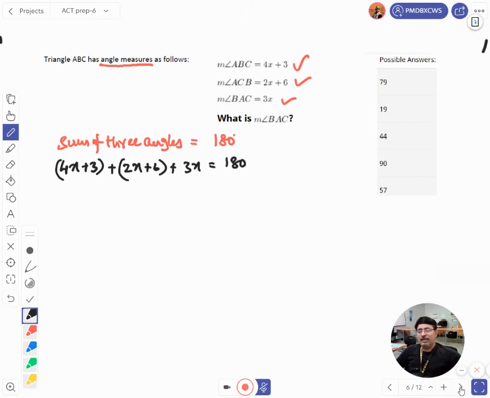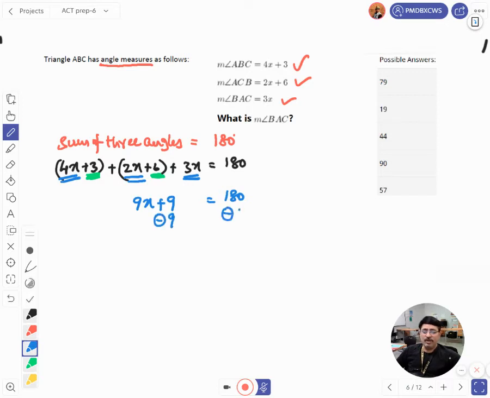Now let's combine the like terms. 4x and 2x give me 6x, and 6x plus 3x is 9x. Next, constants: positive 3 and positive 6 give me 9. Therefore, 9x plus 9 equals 180 degrees. You know how to isolate x.